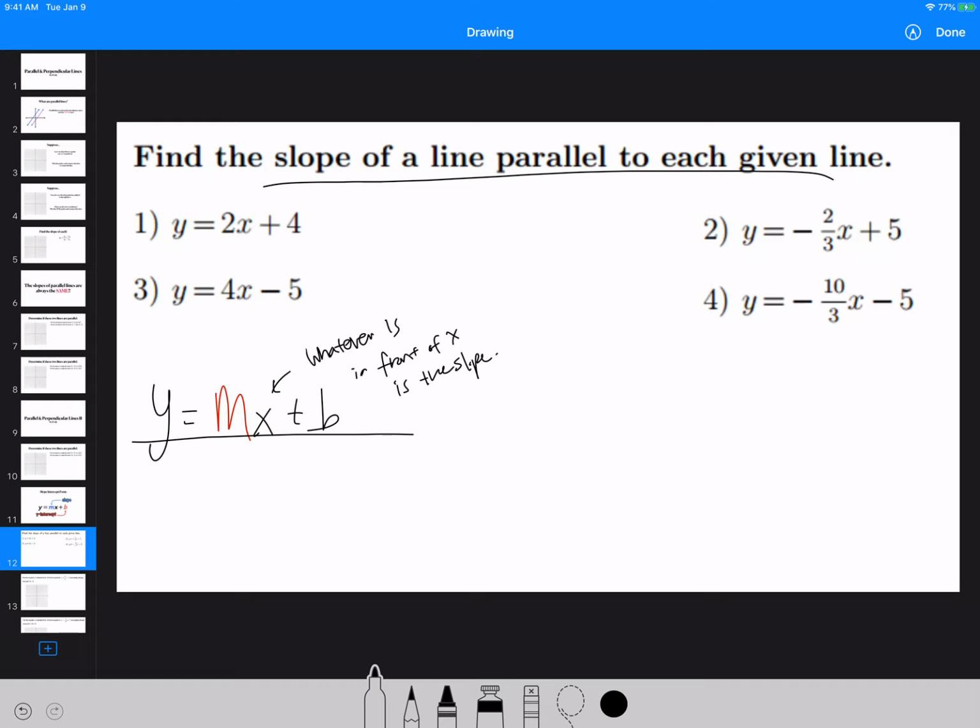It's pretty clear what the slopes are for number 1 through 4. Pause the video and identify what the slopes are going to be for 1 through 4. For 1 through 4, it's all the values in front of x. For example, number 2, negative 2 over 3, 4, and negative 10 over 3, they're all called slopes. So if I ask you to find the slope in a given equation, y equals mx plus b, you should have no problem whatsoever.